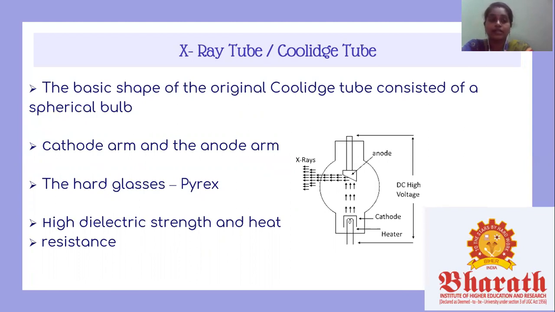Hard glass like Pyrex began to be used from the 1930s, and had sufficiently high dielectric strength and heat resistance that the bulb could be eliminated and the tubes made completely cylindrical. This was an advantage because shielding of a cylindrical tube was a simple proportion.